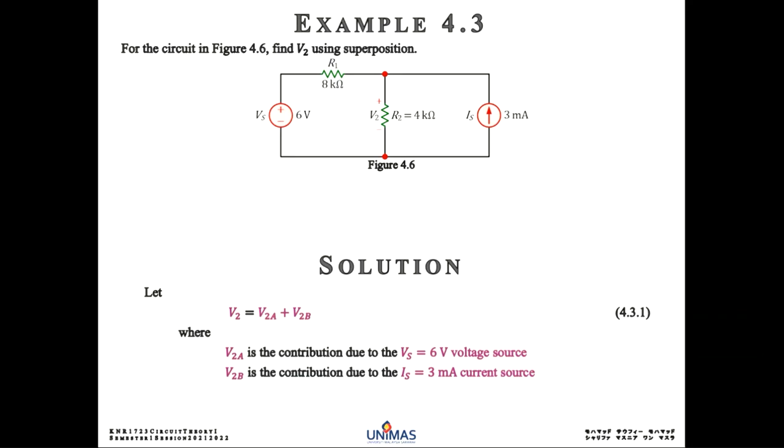So once you do that, you see this circuit. Vs. So V2A due to Vs. Okay, what you do? You consider Vs. What we're going to do with Is? Anybody?